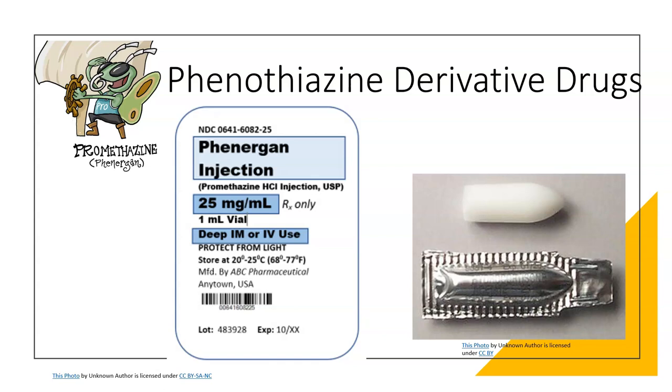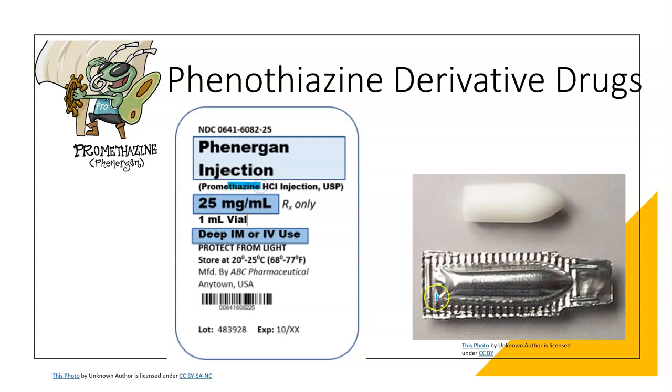The antiemetic effect of these drugs is a result of their anticholinergic effects, although these originally were antipsychotic agents. Promethazine, thiazine in general is your drug stem that we're going to be looking for.